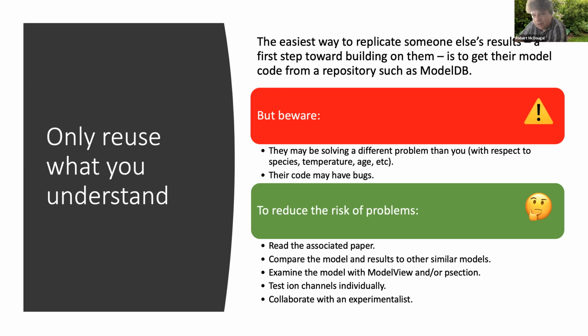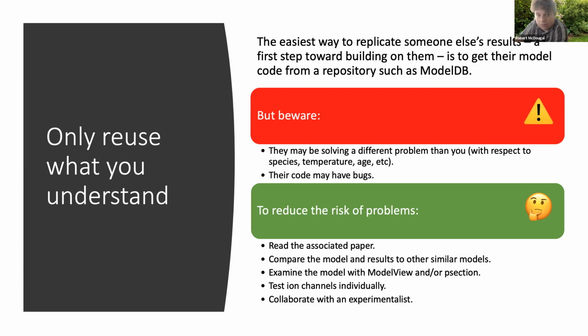Don't just look at one paper. Probably there are multiple models that look at similar topics. If one model generates one result, is that consistent with what other independent models are finding? If so, that's great. If not, maybe you need to really decide if you believe the biology that this is representing.